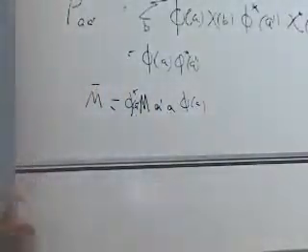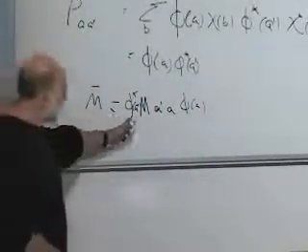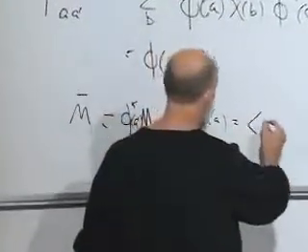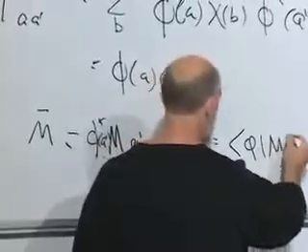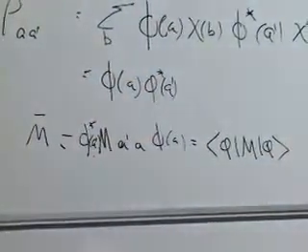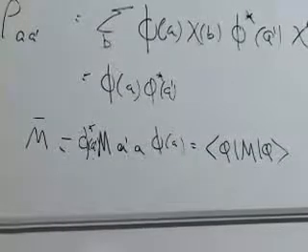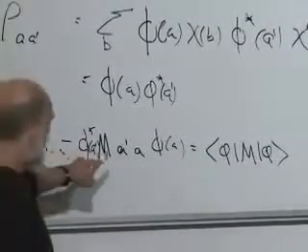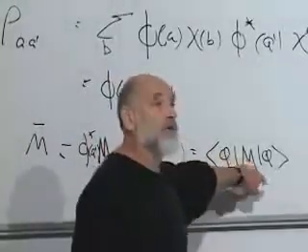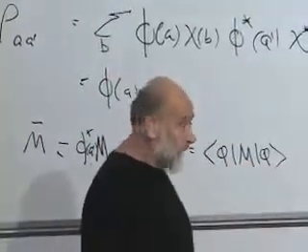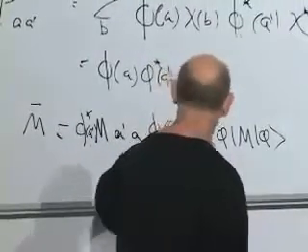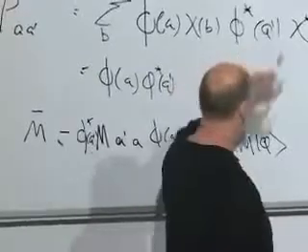Well, written in components, this is nothing but phi star M phi. In other words, the expectation value of M, and not just M, but any observable that involves only A, is exactly the same as if the state vector were just phi. The A degrees of freedom are completely and entirely described by the pure state phi.